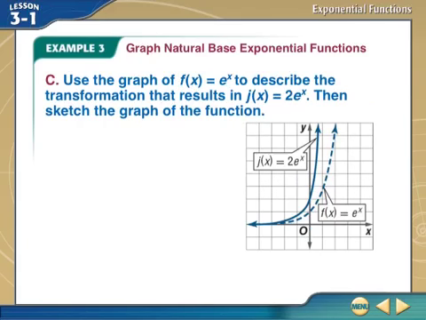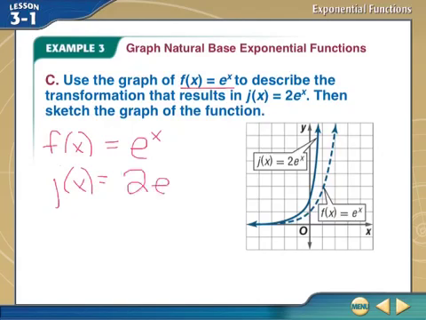In example C, we're going to use the same parent function again, e to the x, natural base exponential function, and we're going to describe the transformation that results in j of x equals 2 times e to the x. Now, f of x equals e to the x, and j of x is 2 times e to the x.